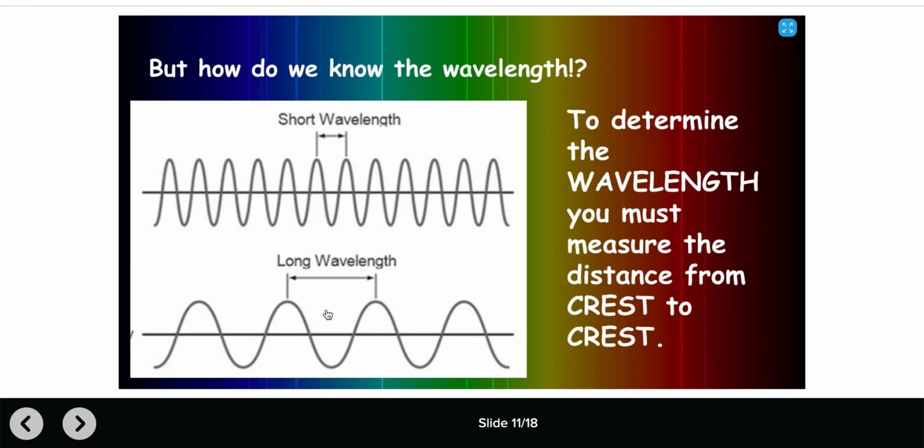But if I were to ask you which one of these waves would have more energy, which one would you say? The short wavelength, or the long wavelength? I did mention this in an earlier slide. So the wave that would have the most energy would actually be the short wave, because the shorter the wavelength, the more energy that wave itself has.